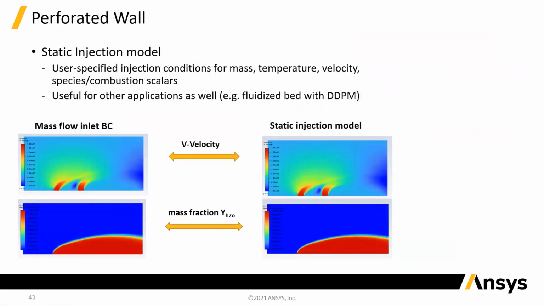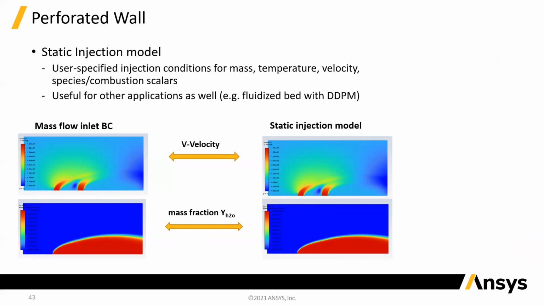Perforated walls were introduced a few releases back. The idea here is that if you've got, say, a plate with many holes in it, you can either make that geometry explicitly and calculate the jets coming through, or you can treat that as a wall and use a submodel that treats the flows coming through.